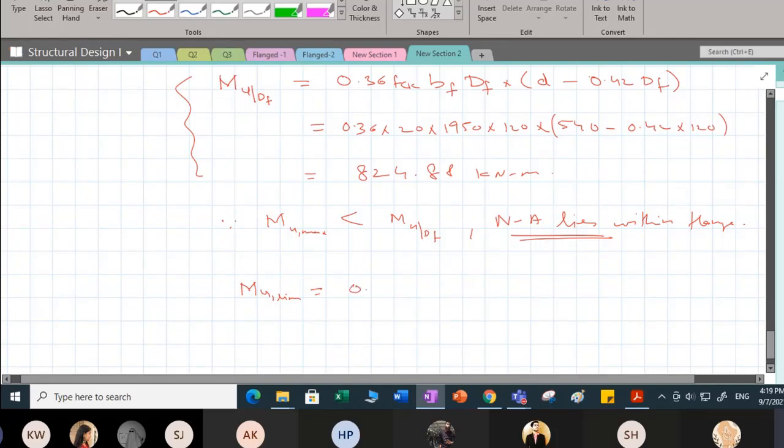I can write here the formula directly: 0.36 fck, width of flange, into Xu,lim, into d minus 0.42 Xu,lim. I can use this directly.